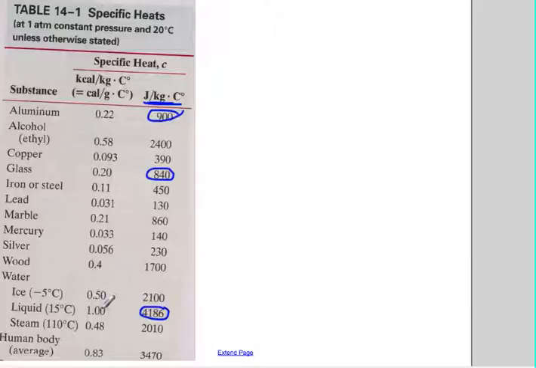So I think instead of using this unit this time, this is one of those times where we might want to go for calories. Don't worry about it too much, but let's just go for calories this time. So instead of using 4186, we're going to use that value of 1 for water. So we're going to use 1, and the units are going to be kilocalorie per kilogram. So let's just put those units in this time to make it a little easier on ourselves.